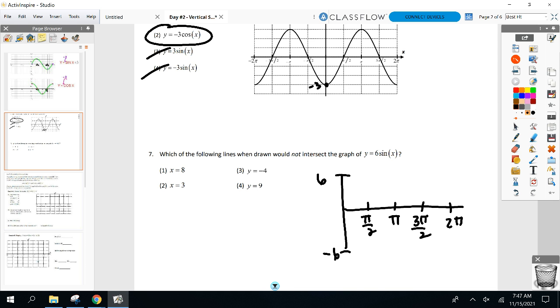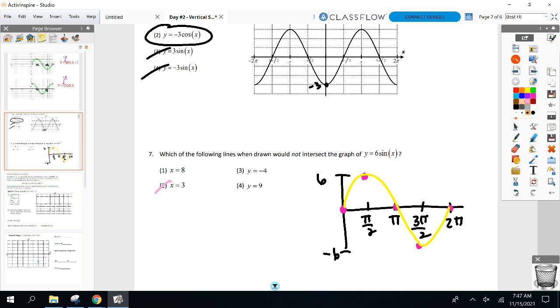Where's this graph going to start? At 0, then goes to max, 0, minimum, 0, right? All right, so there's a quick sketch of 6 sine x. Which one of these would not intersect?